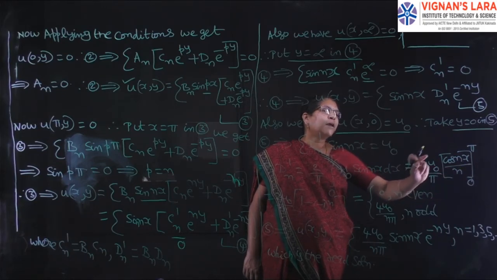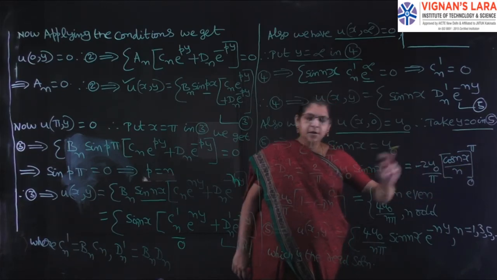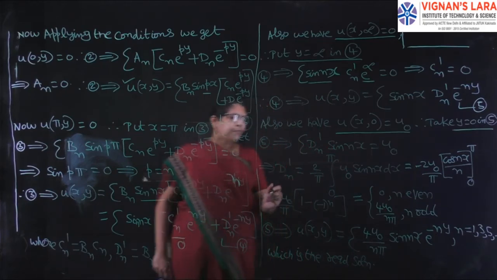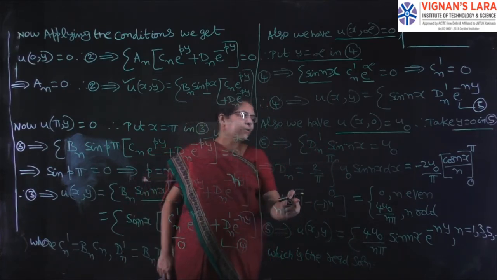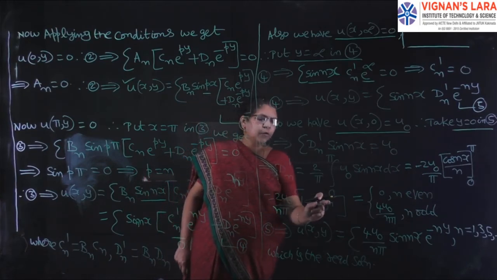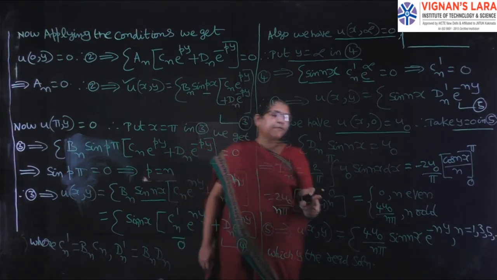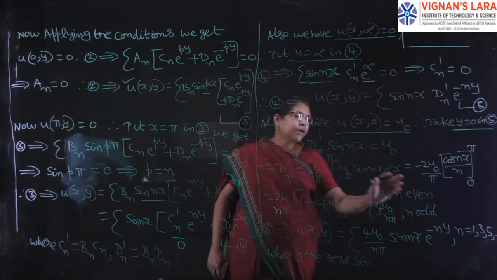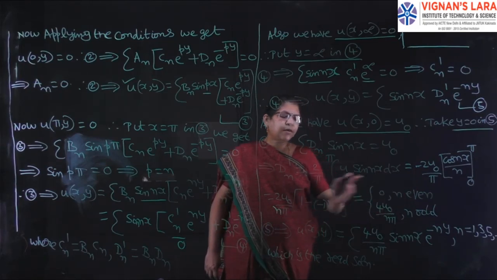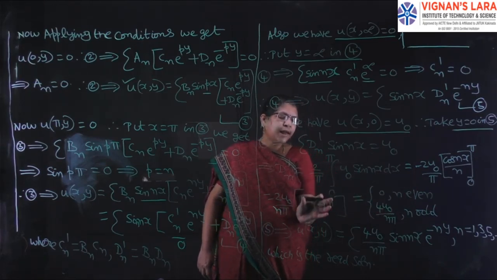If you multiply with minus, what will you get? 2 u naught by n pi into 1 minus minus 1 whole power n. If n is even, minus 1 whole power n is 1, and 1 minus 1 becomes 0. So this value is 0 if n is even. If n is odd, this value becomes 2.